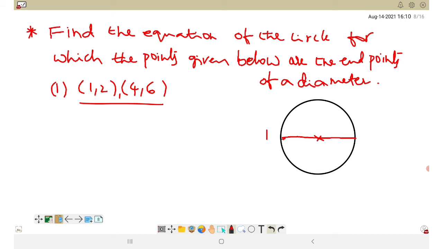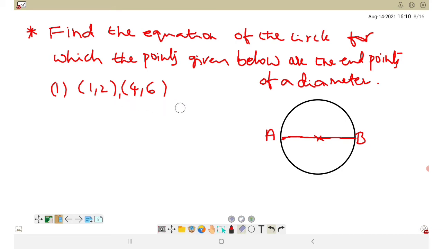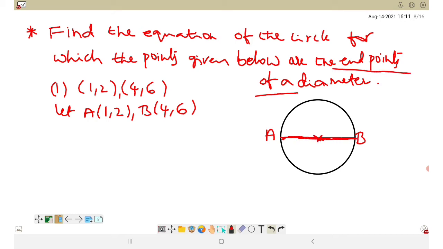Let the first point be A and the second point be B. Let A point be 1, 2 and B point be 4, 6. Now find the equation of the circle with AB as a diameter, where these are the end points of a diameter.